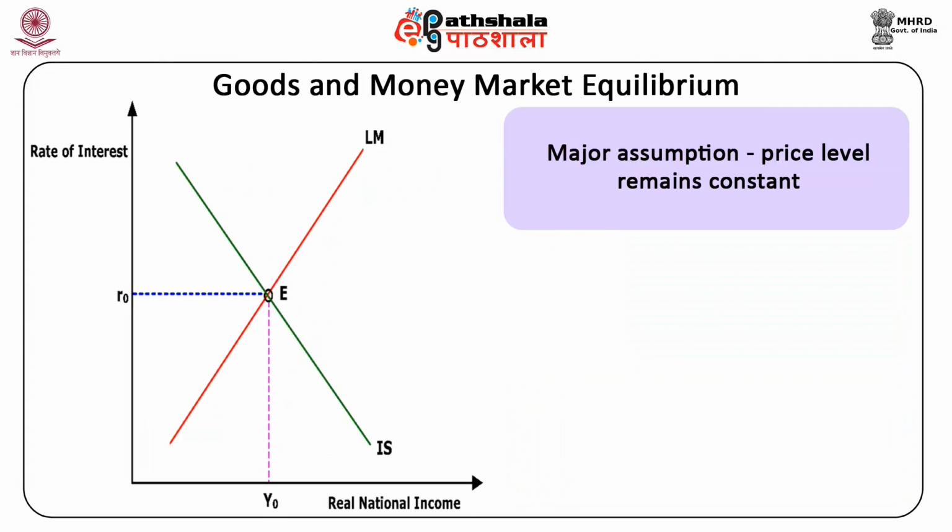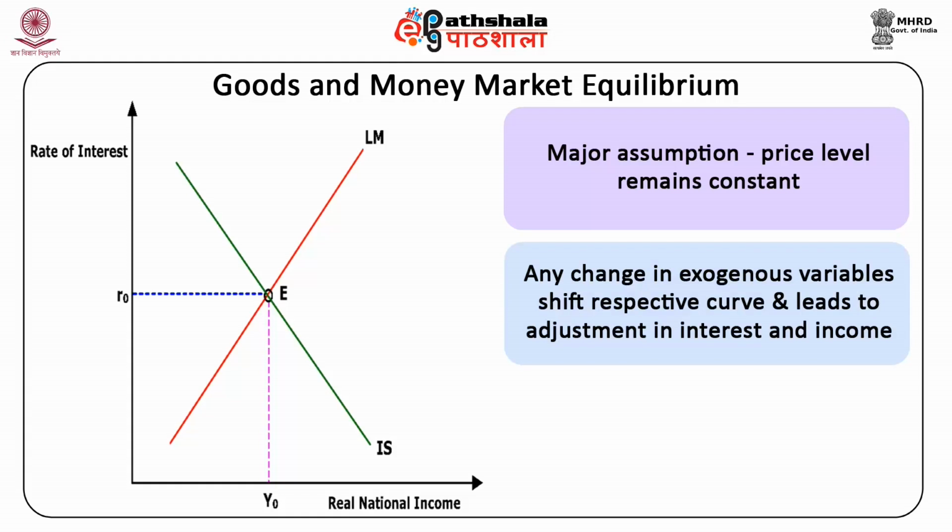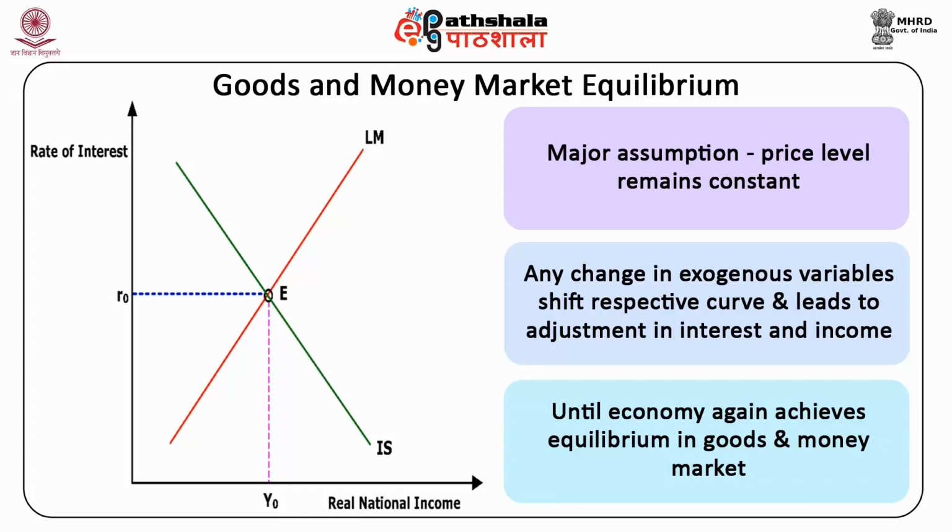Also, a major assumption is that the price level remains constant. Any change in the exogenous variables will shift the respective curve and lead to adjustment in interest and income until the economy again achieves the equilibrium in goods and money market.